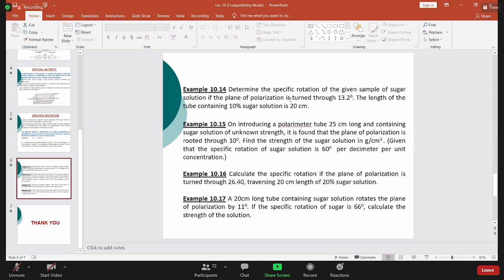Determination of the specific rotation of the given sample of sugar solution if the plane of polarization is turned through 13.2 degree. What is it? Theta. The length of the tube containing.